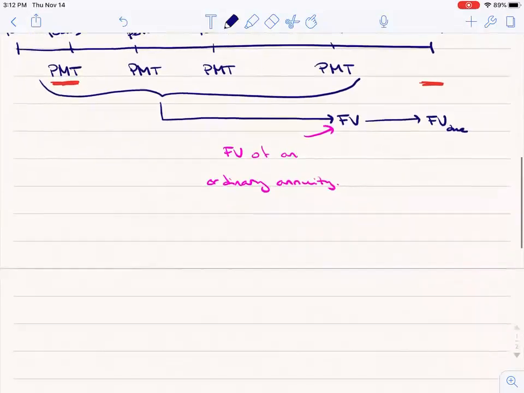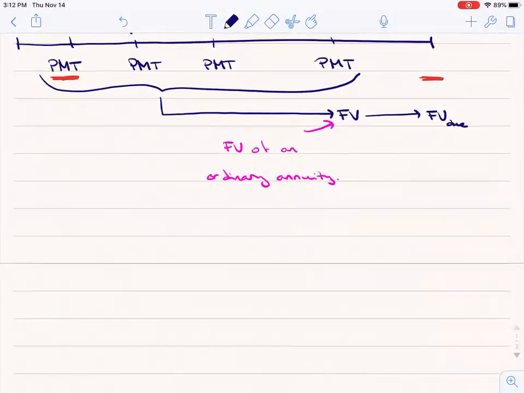The future value due is the future value of an ordinary annuity, multiplied by 1 plus i.